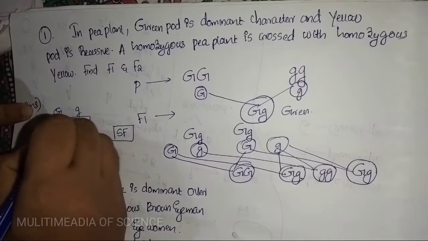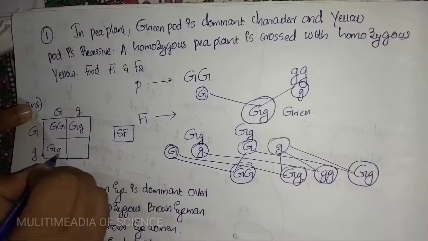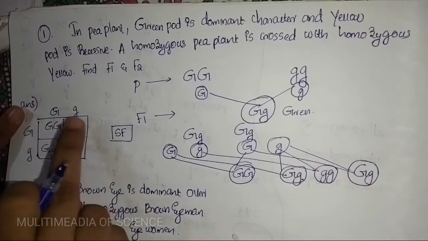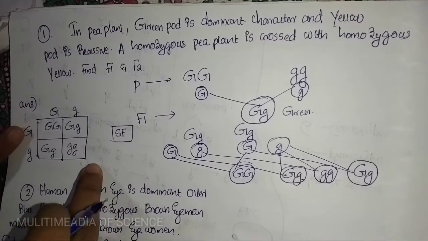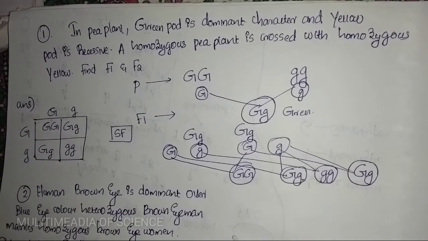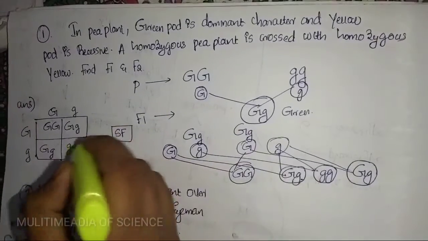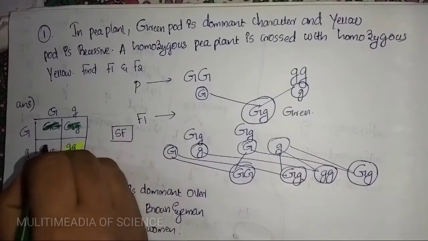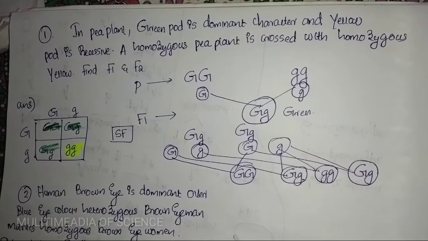So capital G, small g, and capital G, small g, small g. That is representing green, and the last one is about yellow color. This is yellow color and the others are green. Okay.